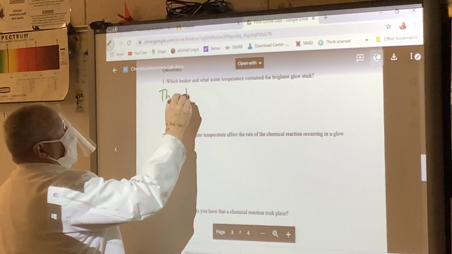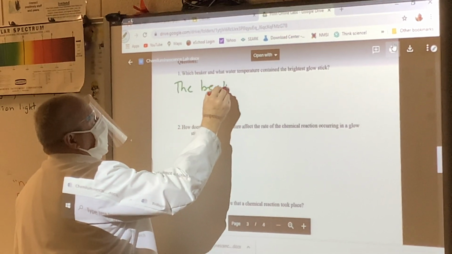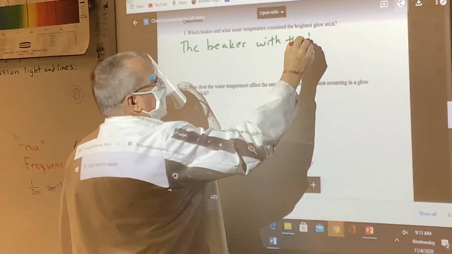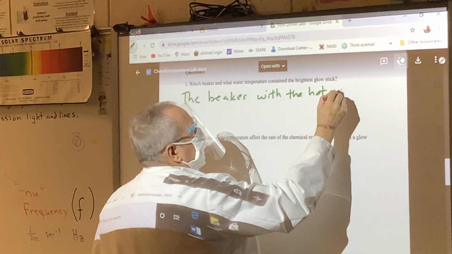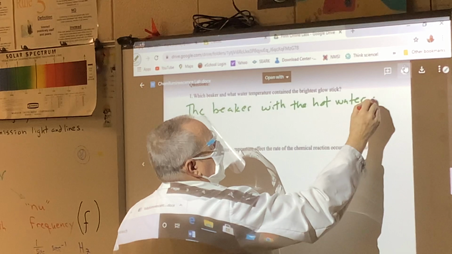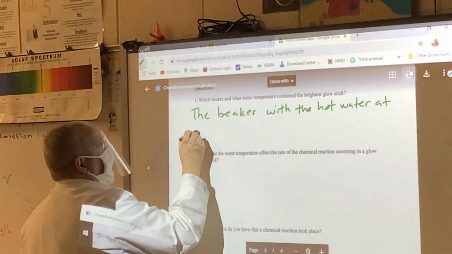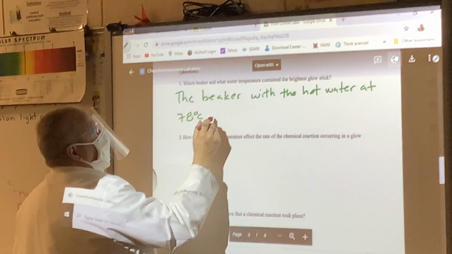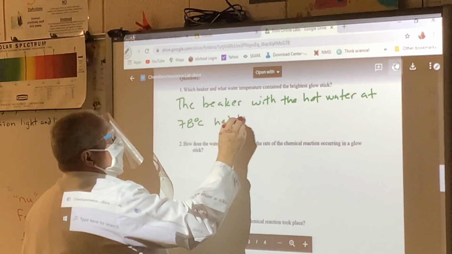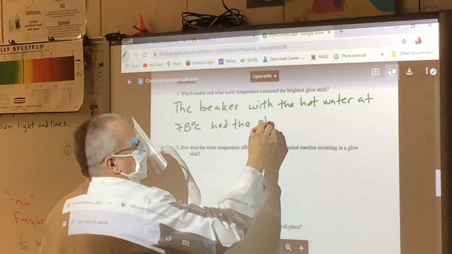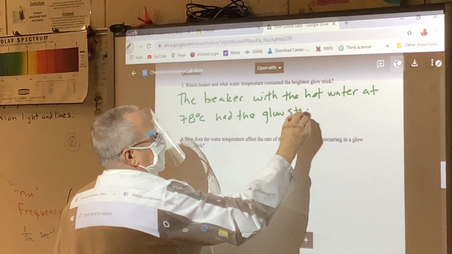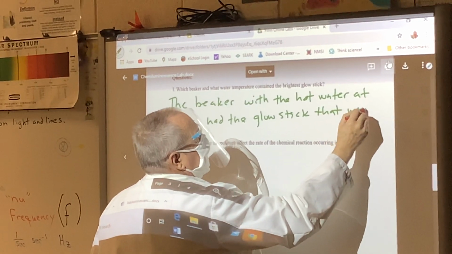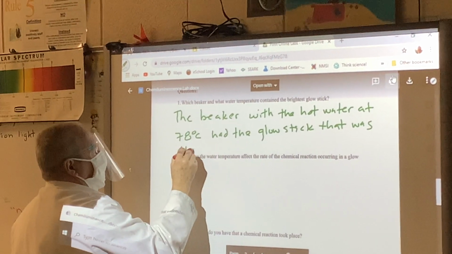The beaker with the hot water at, what was it, 78 degrees Celsius, had the glow stick that was the brightest.